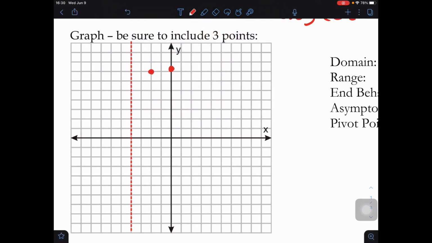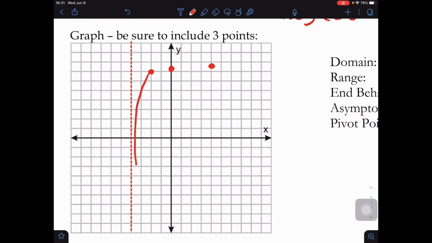And then one last point that I just found by graphing and plugging in values is roughly 4 and 7.6. So it would be roughly like that.